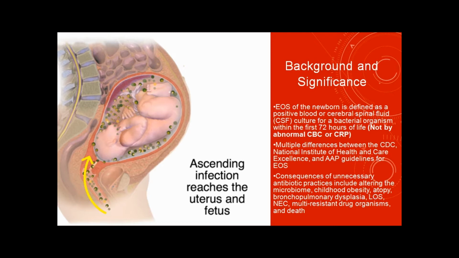The consequences, they alter the microbiome, especially in the preterm babies. There's an association with childhood obesity, atopy, bronchopulmonary dysplasia. In our preterm infants, late onset sepsis and NEC, along with multi-resistant drug organisms and death.